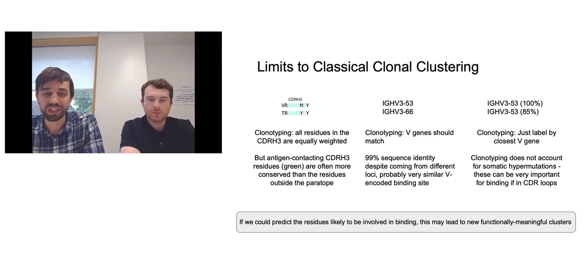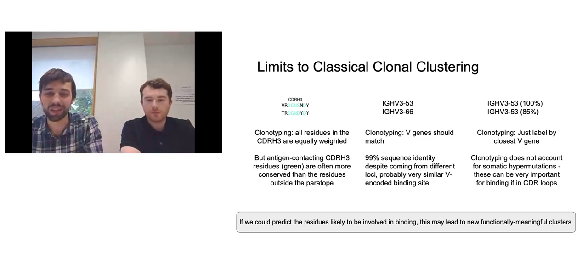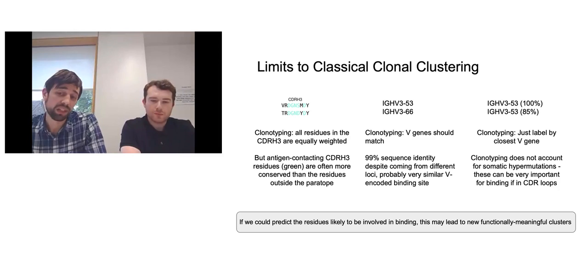Because you have the same gene, sometimes you can cluster these into different sections of clonal space and actually overstate the functional difference of two by insisting that these things must match. And another factor is that clonotyping labels by the closest V gene can be a very good representation of what the sequence looks like. It can pretty much be entirely germline encoded.